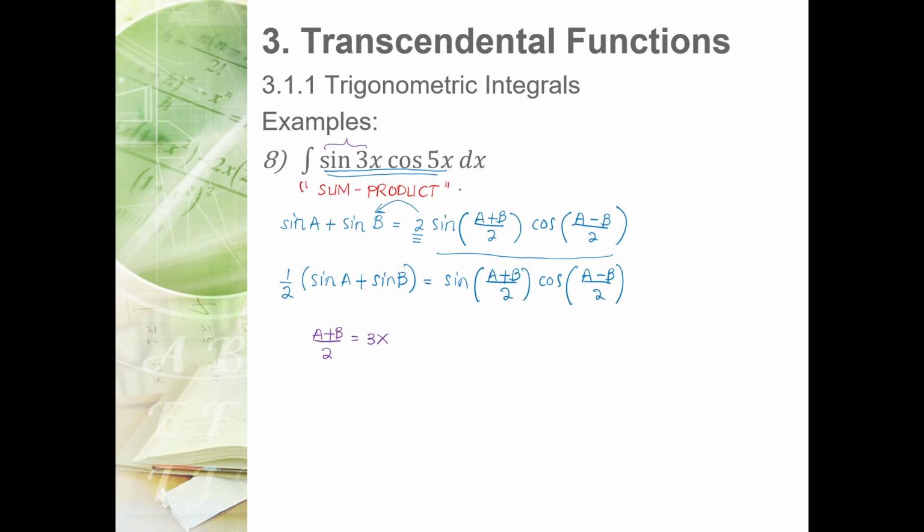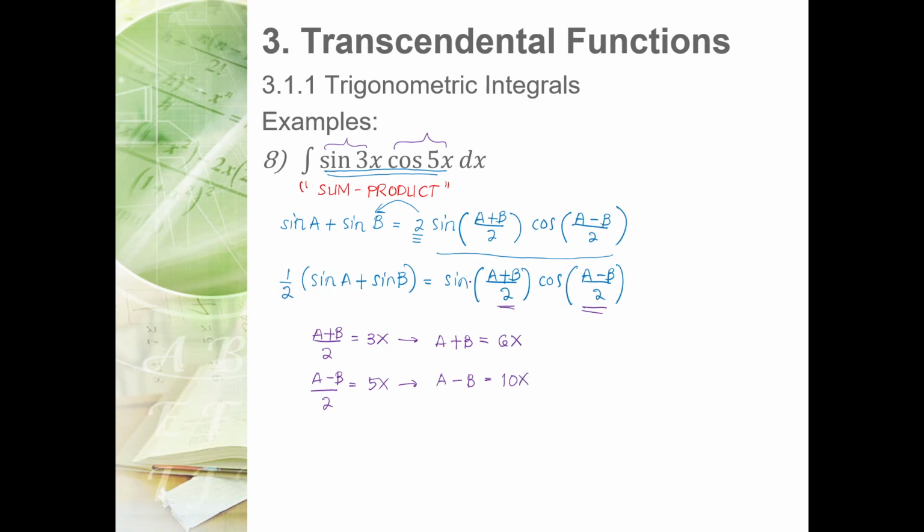Next is cosine 5x, so (A minus B) over 2 is equal to 5x. Multiplying 2 to the other side, we have A plus B equal to 6x, and A minus B equal to 10x.